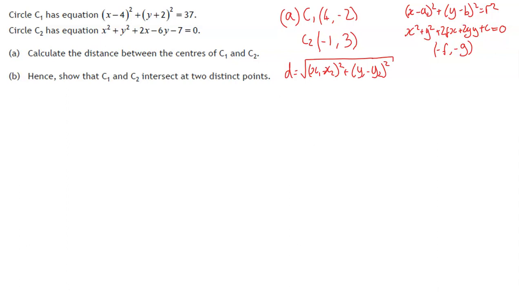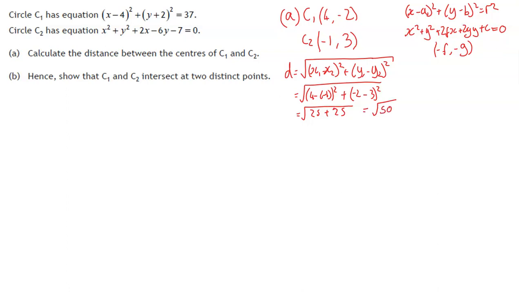So if I substitute those values in, I'll end up getting the square root of (4 minus negative 1) squared plus (negative 2 minus 3) squared. 4 minus minus 1 is 5, so 5 squared is 25. Negative 2 minus 3 is negative 5. Negative 5 squared is 25, which then gives me root 50.